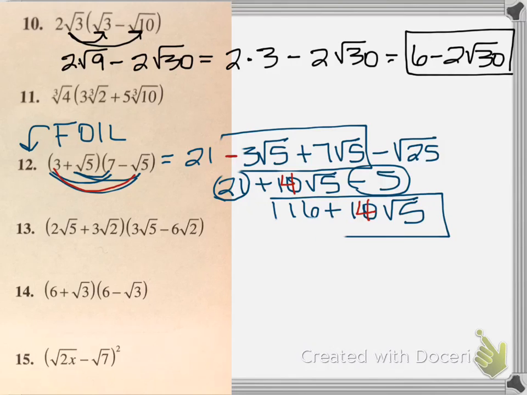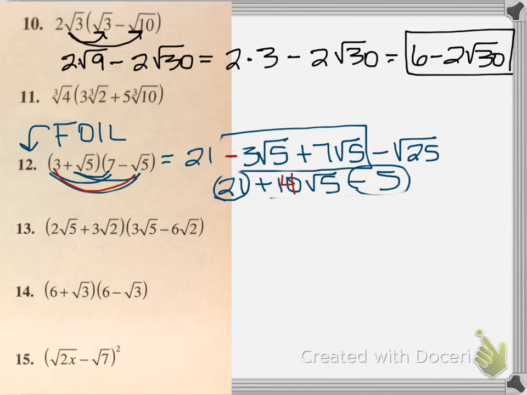So really my final answer should have been 21 minus 5 is 16, and then plus 4 square root 5. So I just had the wrong coefficient there. So watch your signs. It's easy to mix them up.